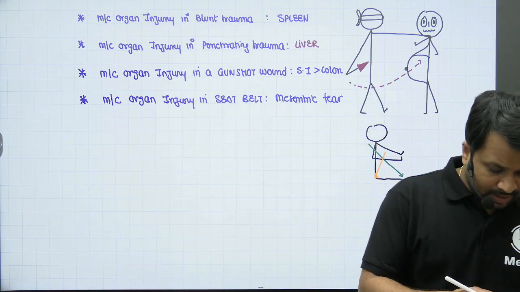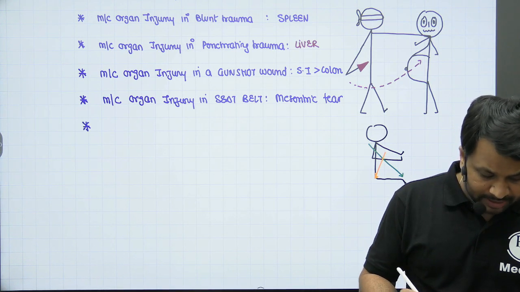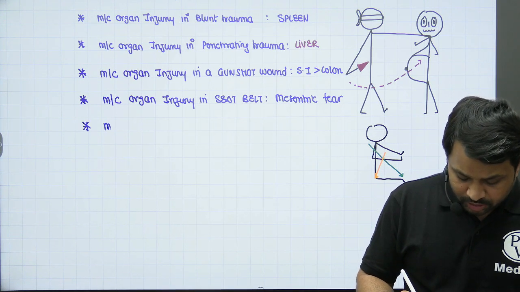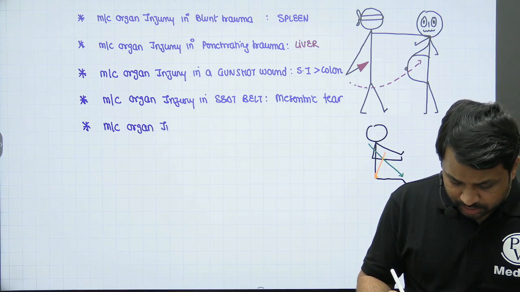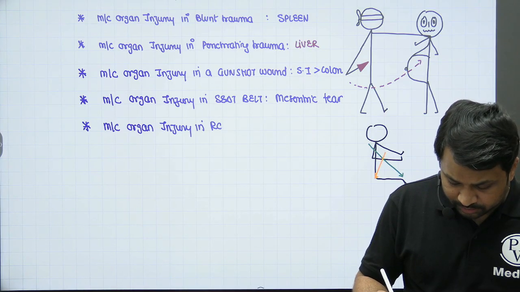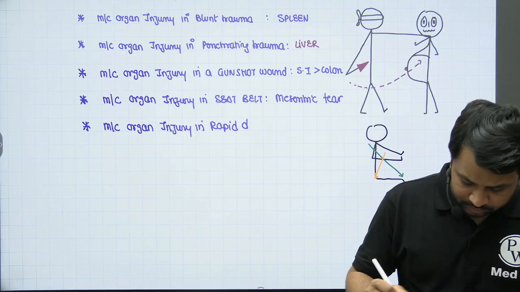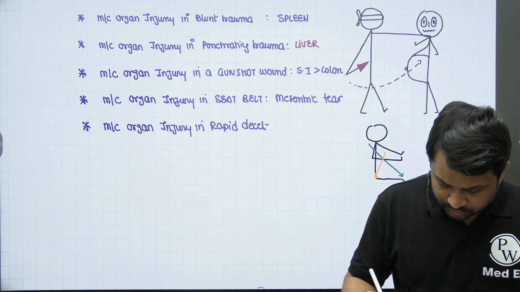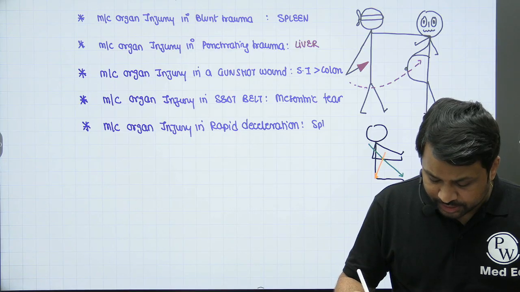Now, apart from that, if they ask what is the most common organ injury in a rapid deceleration injury of the abdomen, it is going to be the splenic flexure.